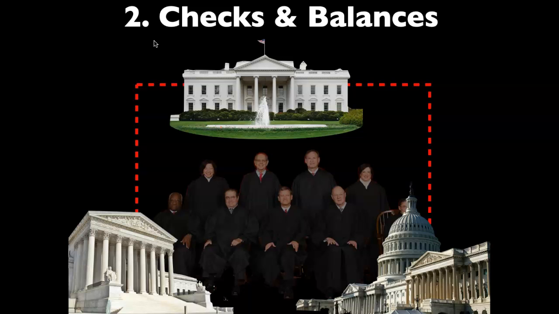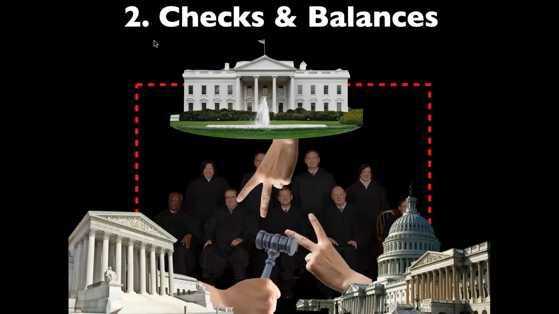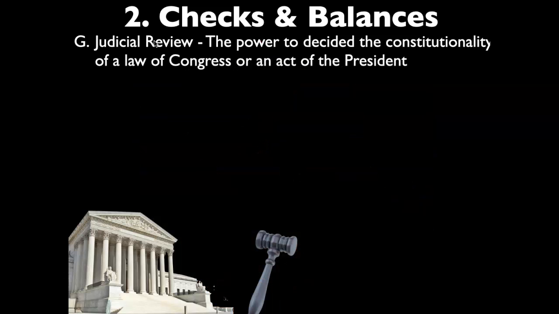Another type of check that the judicial branch has on both the legislative branch and also the executive branch is what we refer to as judicial review. Now, if you look for this power in the Constitution, the power for the courts to decide the constitutionality of a law or of an act by the president, you're not going to find it.